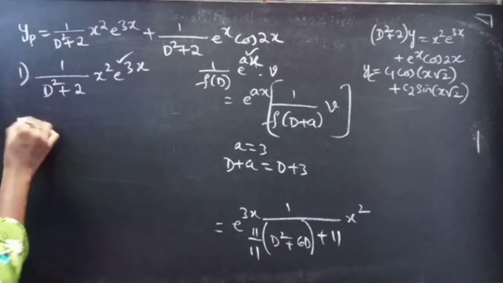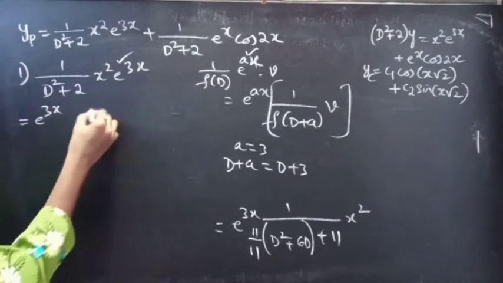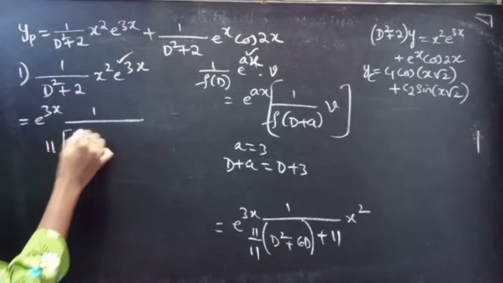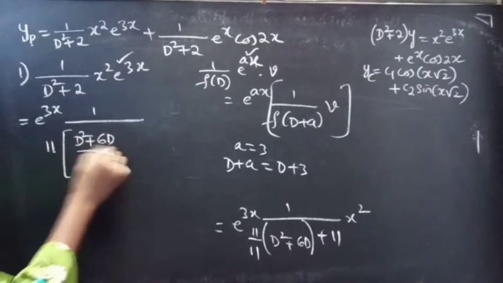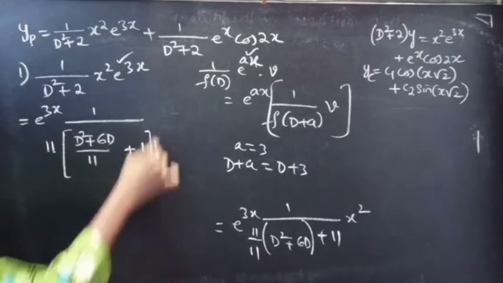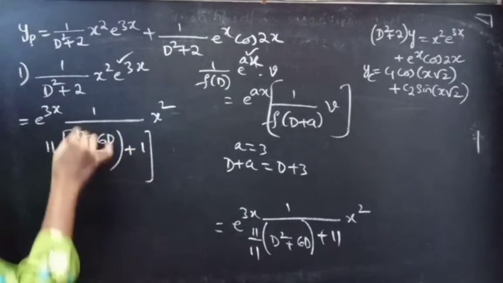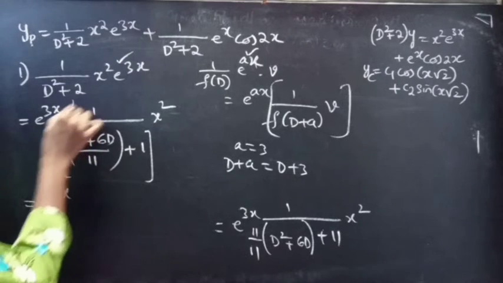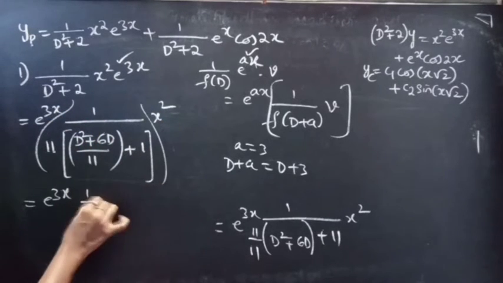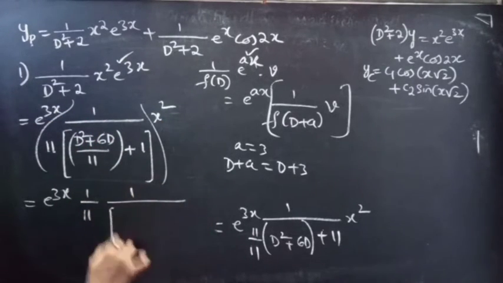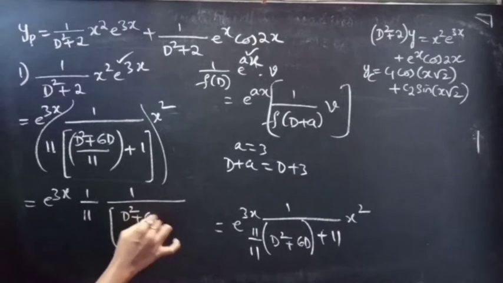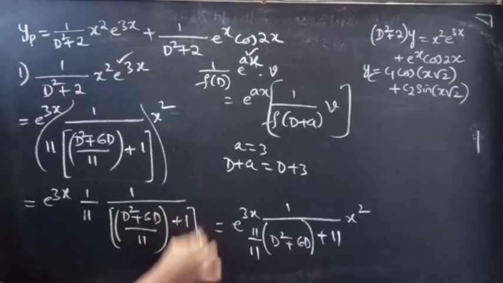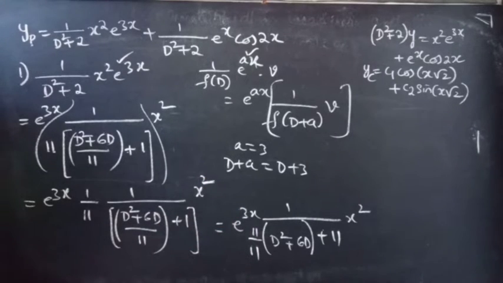Then this becomes e power 3x into 1 by, take 11 common, we'll get 11 times (d square plus 6d by 11 plus 1) into x square, is equals to e power 3x into, now split this fraction as 1 by 11 into 1 by (d square plus 6d by 11 plus 1) into x square.